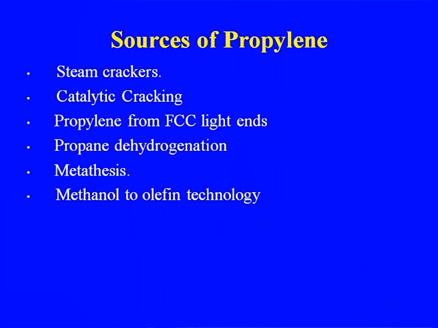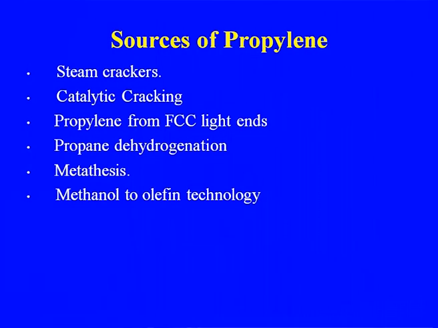Propylene from the FCC is one of the very important sources, and most of the refineries are recovering this propylene from the FCC. Some of the refineries, like Jamnagar, treat the propylene from the FCC as one of the very important products there. Another development is on-purpose propylene, as per the requirements, through propane dehydrogenation.